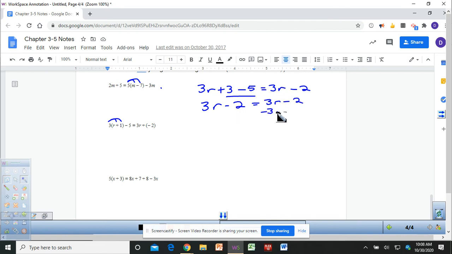Get rid of my 3r's, because I don't want that on that side, so that's going to cancel. That's going to cancel. Now we're stuck with negative 2 equals negative 2. Negative 2 does equal negative 2, so that'll be all numbers. What that means is I could plug any number into both sides, and I would get the same answer every time.